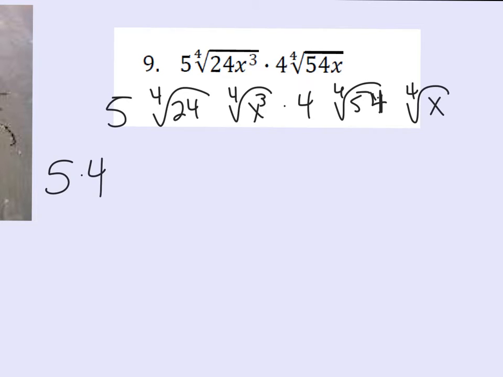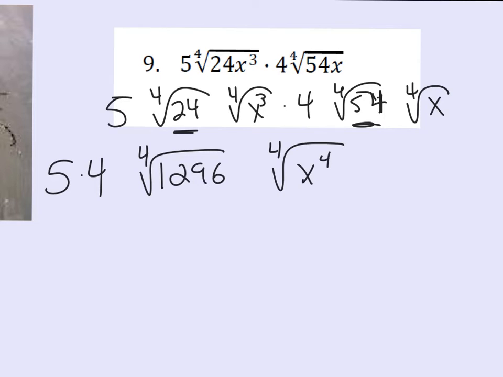I'm going to keep it outside. Then 54 and 24 I'm going to put together underneath. So 54 times 24 is going to be 1296. Then I'm also going to have the 4th root of x to the 4th. Now the upside is that this 4th root and x to the 4th, that just tells me that's going to be x. 5 times 4, that's going to be 20.